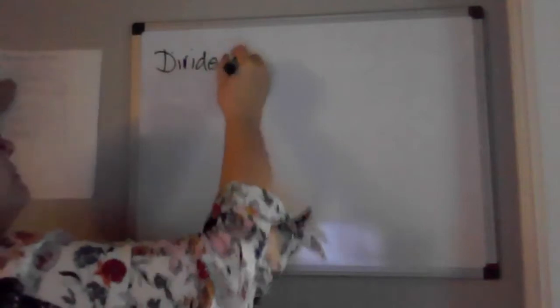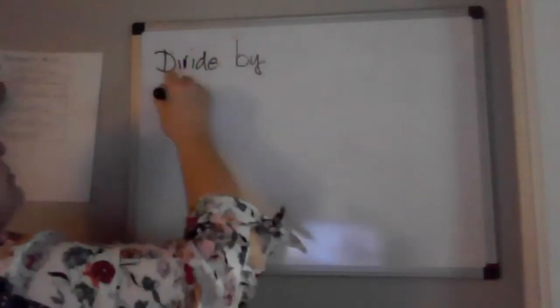Okay, let's do this. I'm going to tell you how to tell if a number will divide. This is all on your sheet, so you don't have to take notes if you don't want to.